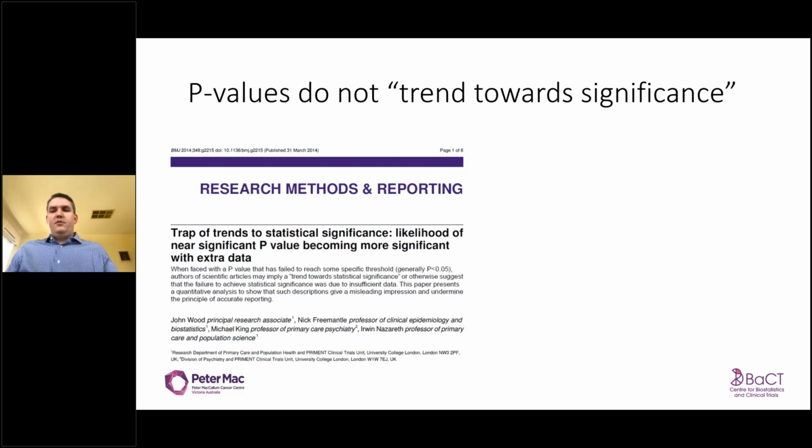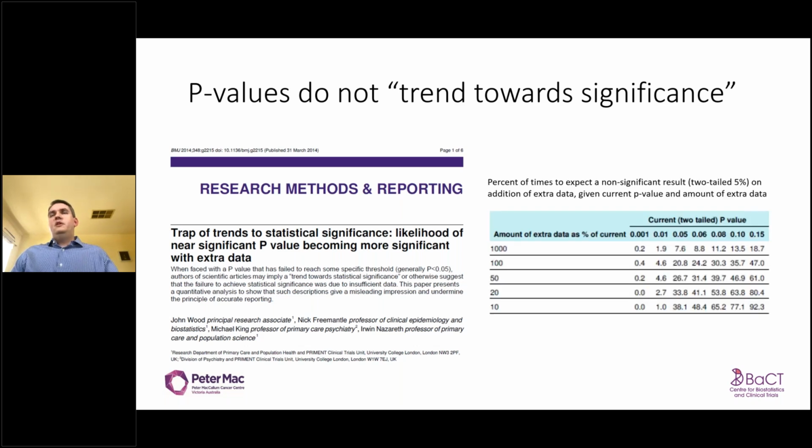In this paper, the authors did many simulations, and one of them was just to assess how often the p-value was non-significant when you add extra data, when you have a low p-value but not significant. So in this table, I'll focus on this number to explain. Essentially here in the columns, we have the p-value at the time of the analysis.